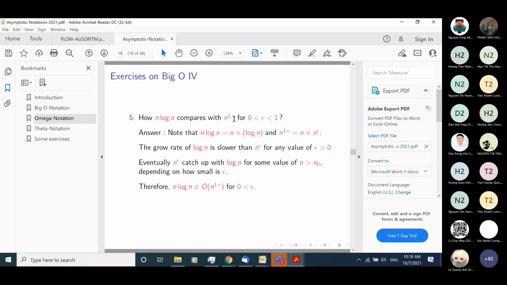Here the point is 1 plus epsilon. Epsilon is between 0 and 1, so it is 1.2, 1.3, 1.4. The point is not a multiplication; this expression has a value greater than or equal to 1 and smaller than 2.